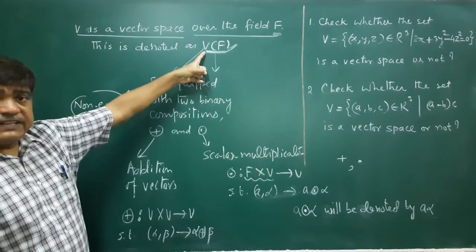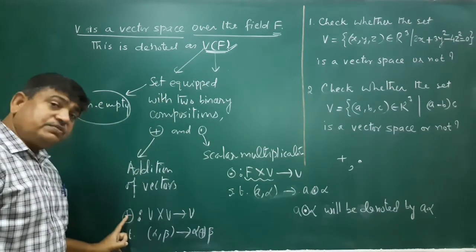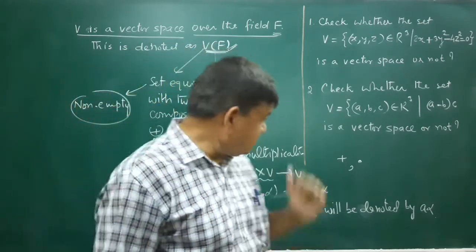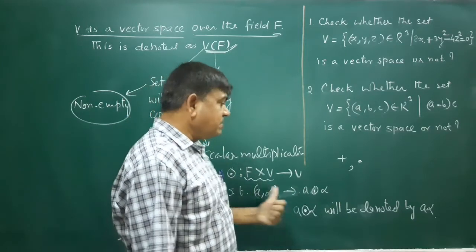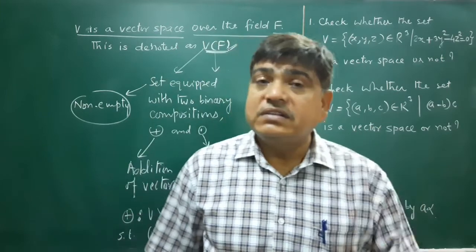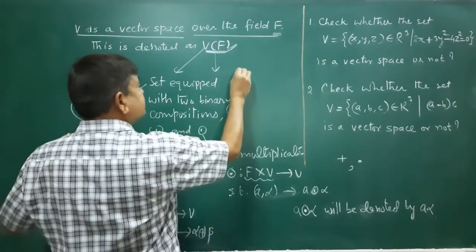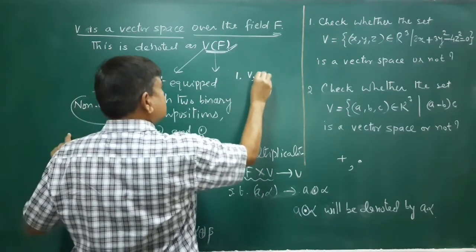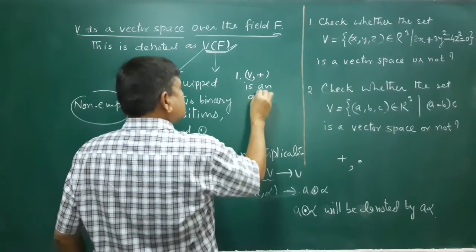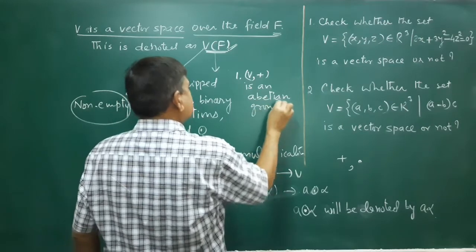This set V is a vector space if this composition satisfies some properties. In the similar manner, this composition will satisfy some properties. What are those properties? We have done. The first one is an abelian group.